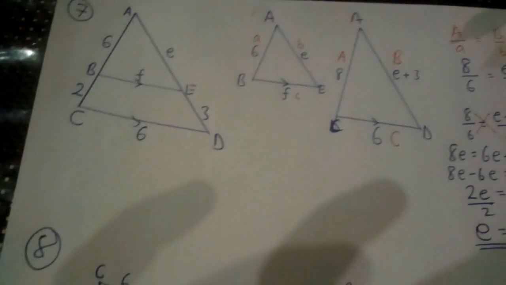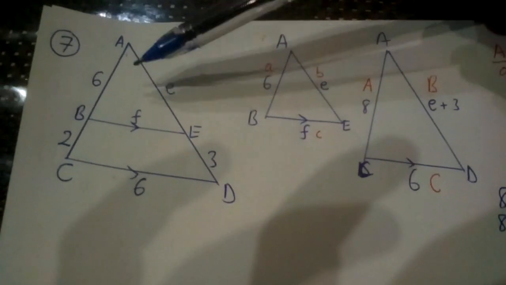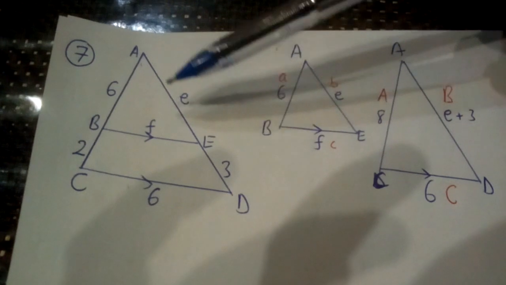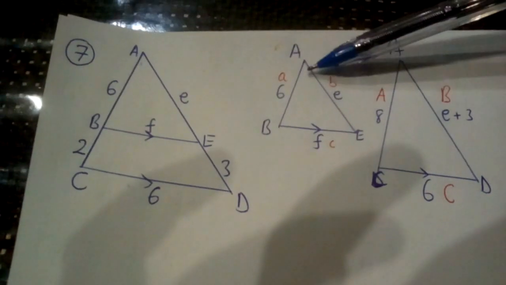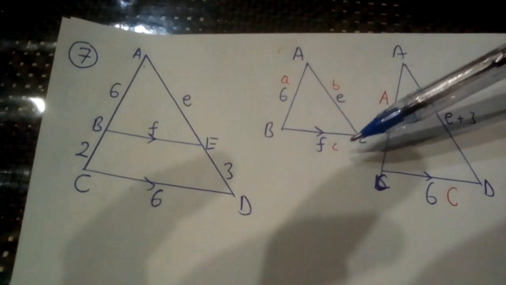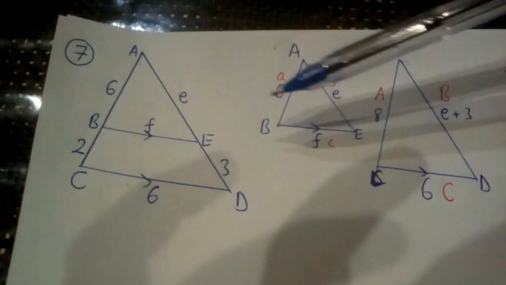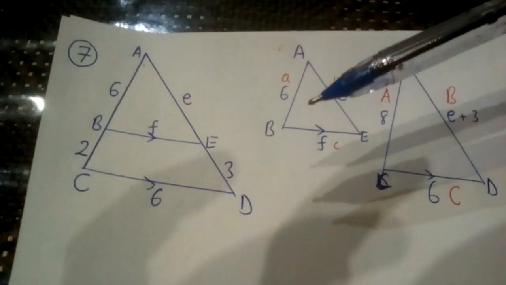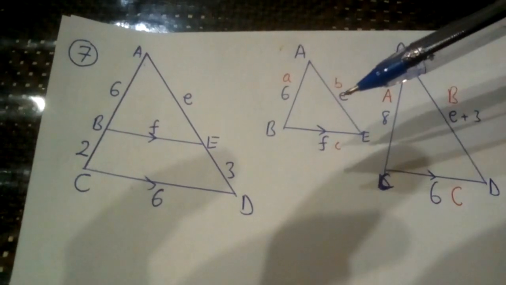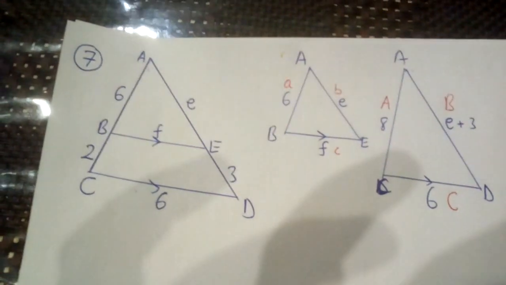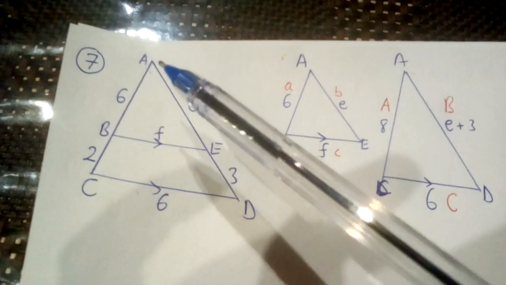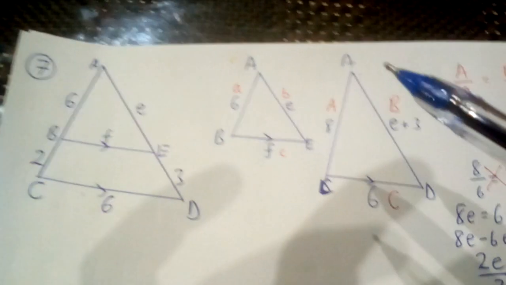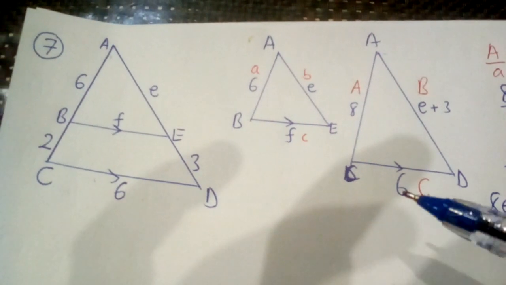Now, to make it more clear, we bring out the smaller triangle, marked A, B, and E. We keep its values, that is 6, F, and E. Then we keep the bigger one, that is A, C, D, aside.